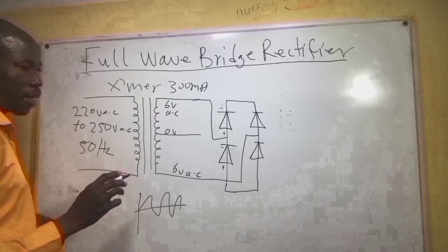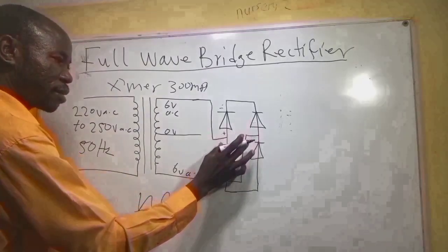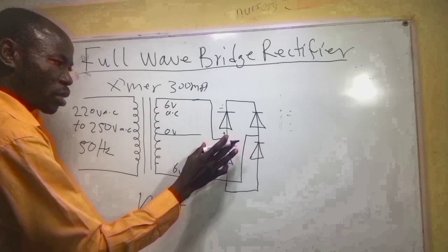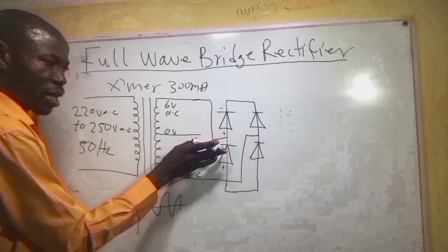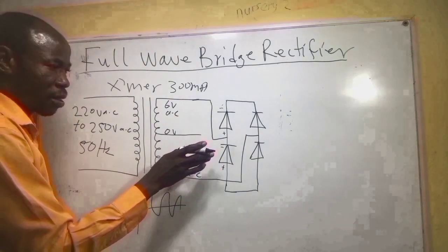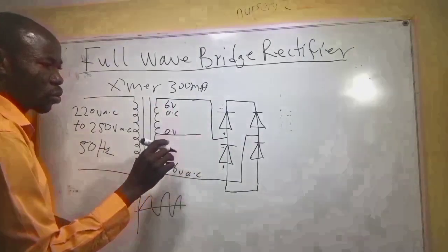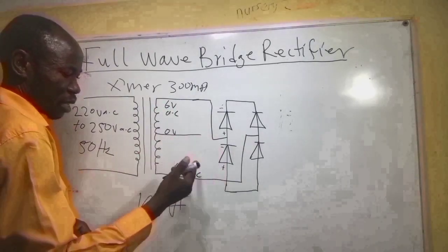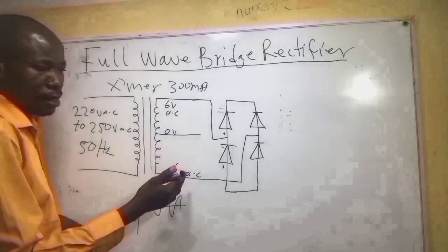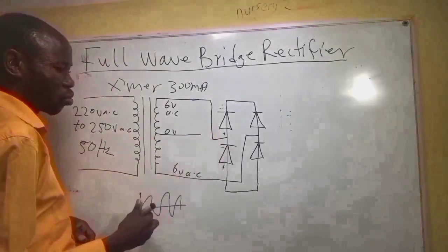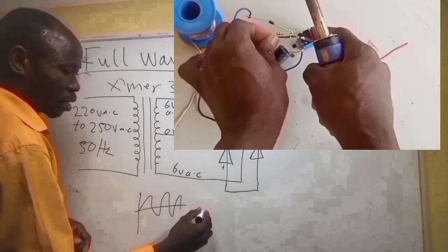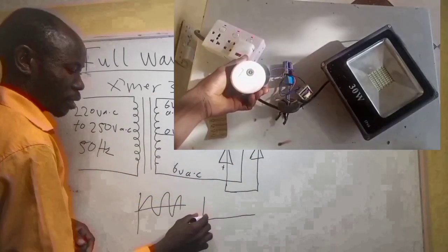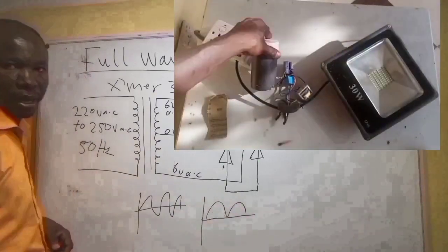Okay, but now we want the DC, so we have introduced this rectifier diode, and it's a semiconductor diode. So it converts the AC into DC. So now when we check the waveform here, it has become like this, right?